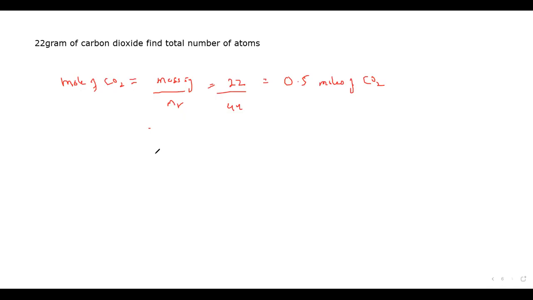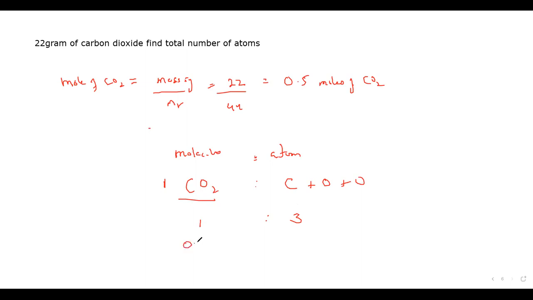But how many atoms are there? That's the question. What is the molecule to atom ratio when we have one molecule of carbon dioxide? It contains carbon, oxygen and oxygen. So one molecule contains 3 atoms.